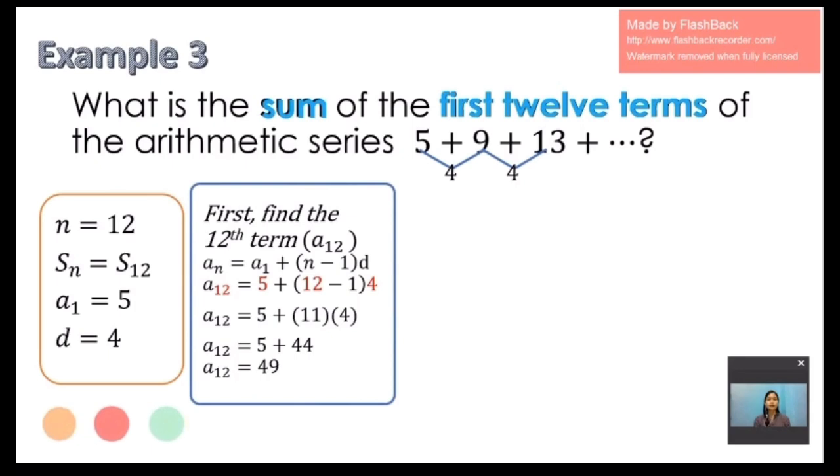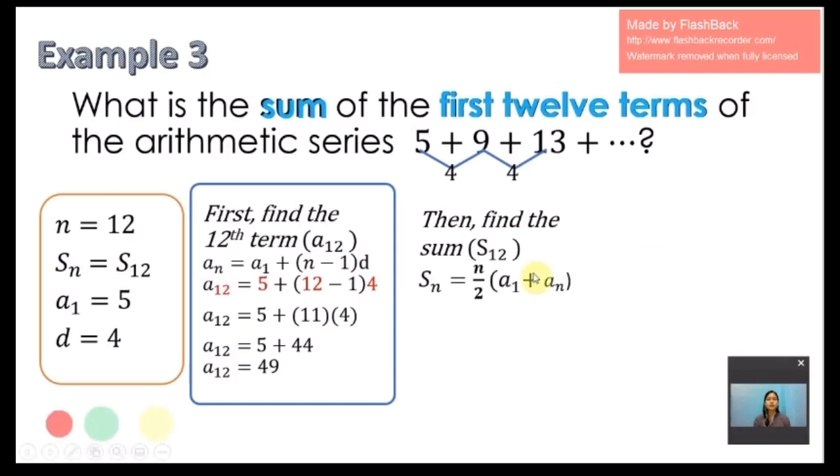Now that we already have the 12th term, or the last term, we can find S sub 12, or the sum of the first 12 terms of the given arithmetic series. To find the sum, we can just use this formula: S sub n is equal to n over 2 times the quantity of a sub 1 plus a sub n. Substituting the values, we have S sub 12 is equal to 12 divided by 2 times the quantity of 5 plus 49.